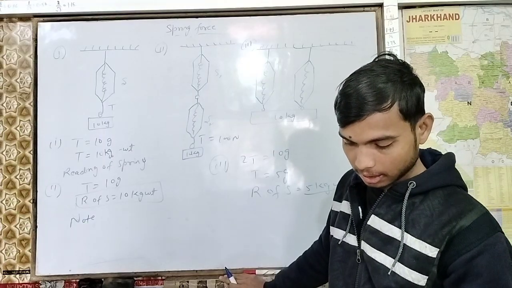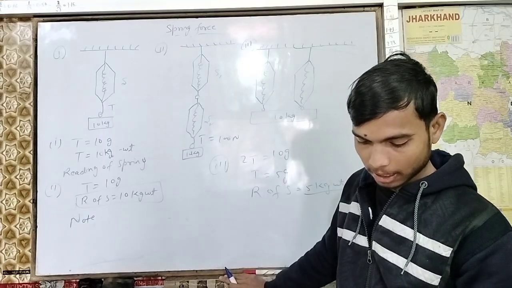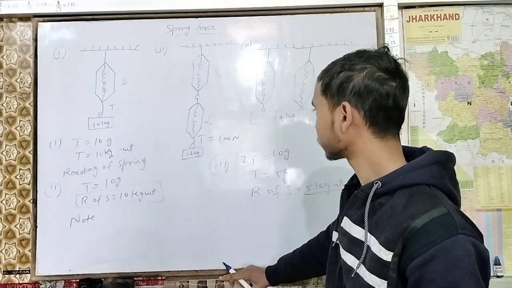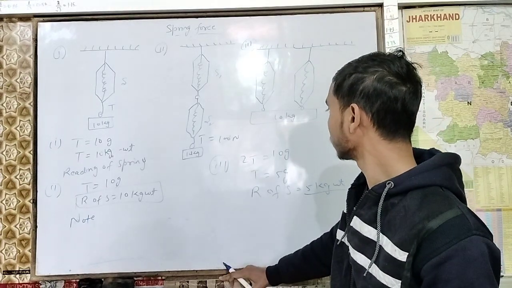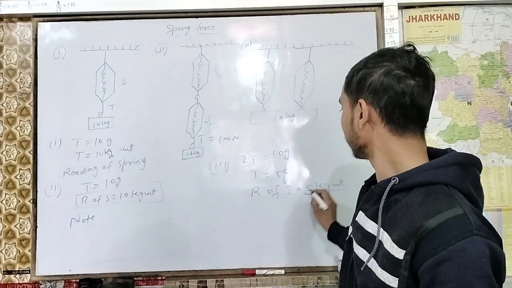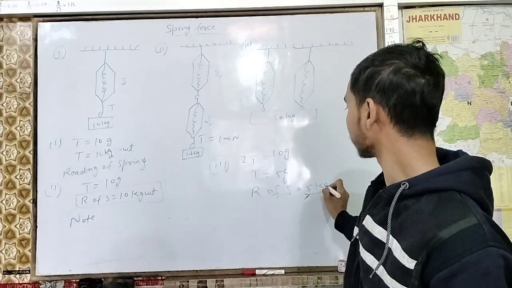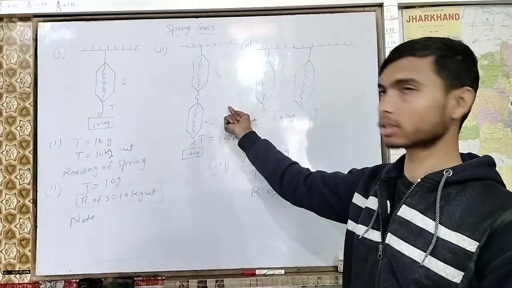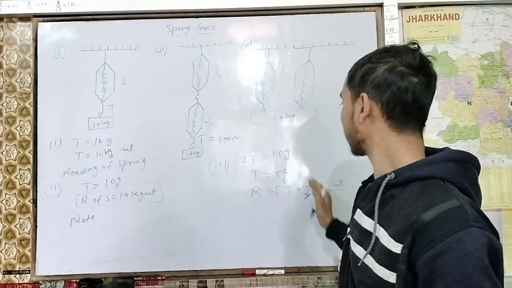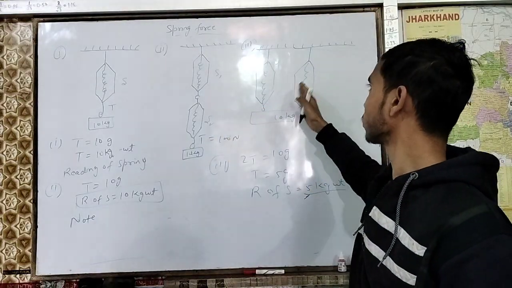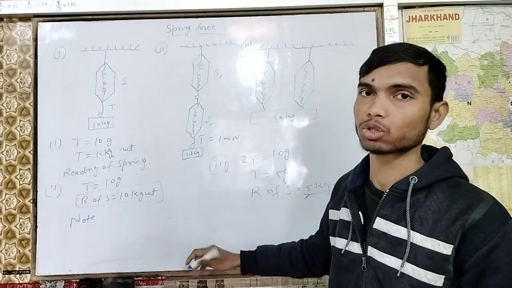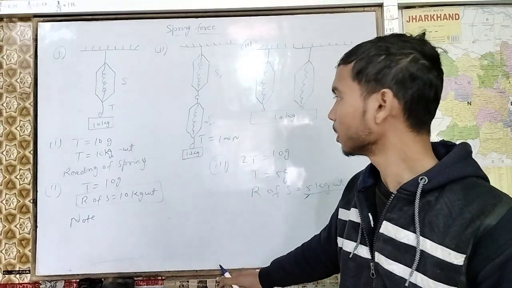Again, if in series, then the reading of each balance is the same. Here 5 kg will be shown by the first spring, and the same amount will be shown by the second. So each spring will show the same amount, 5 kg.